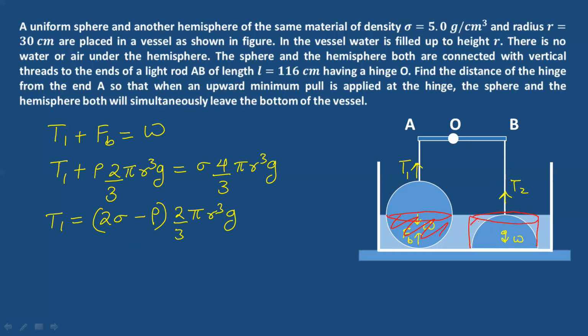So you're supposed to find the weight of this particular liquid. Now, the key point here is that there is no air or water below the hemisphere, so there is no force acting from here. Obviously, there is a normal reaction, but there is no contribution of liquid pressure or atmosphere acting from the bottom.